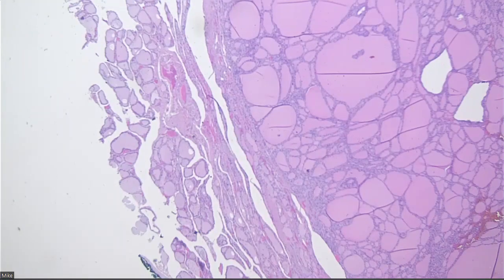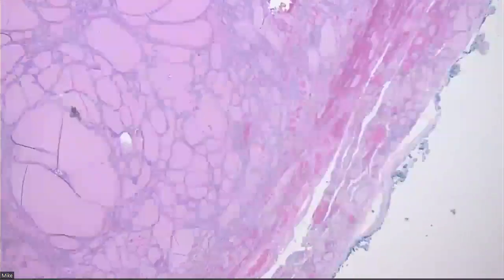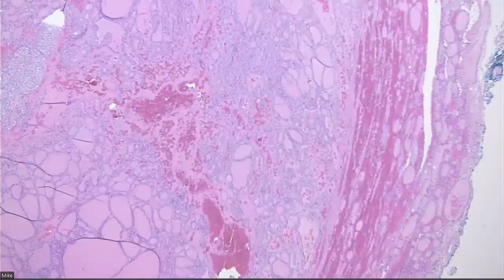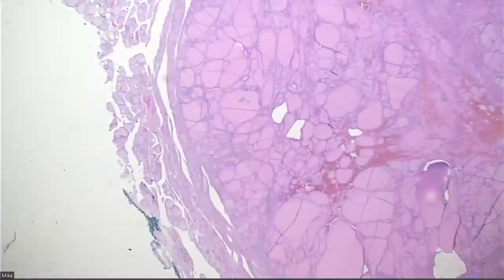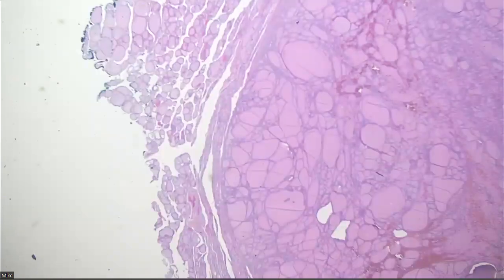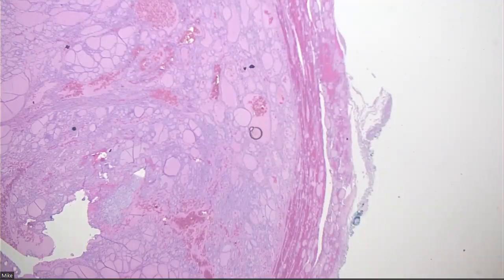So the WHO now basically advocates for not calling anything a hyperplastic nodule, but for being descriptive of what it is. And if it's a solitary nodule like this, I would call it adenomatous, meaning I don't know whether it has a mutation or not just based on looking at it. Or if you have multiple of these without a dominant one, the new WHO term is follicular nodular disease, previously multinodular goiter or multiple hyperplastic nodules or multiple adenomatous nodules.